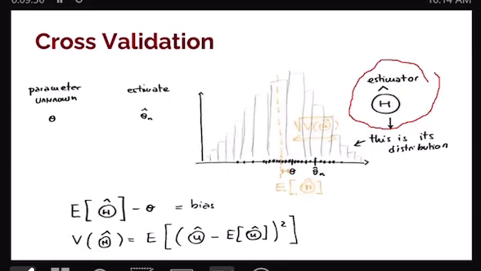The story actually started from trying to figure out the unknown population parameter, theta. To figure it out, what I need to do is go into the population and take a sample. When a sample is involved, estimation is involved.